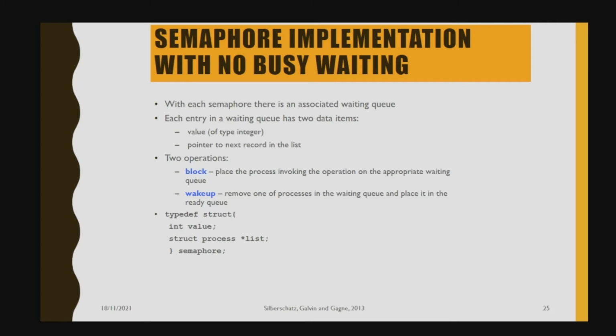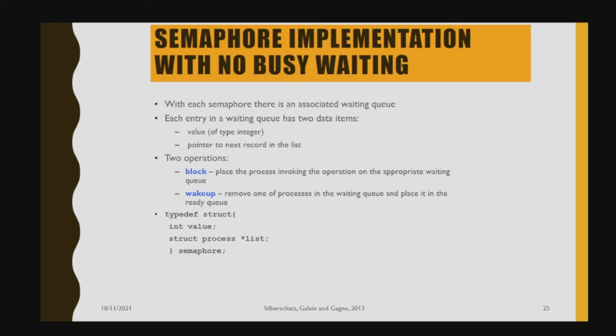Okay, this part is the semaphore implementation with no busy waiting. Each semaphore is associated with a waiting queue. Each entry in a waiting queue has two data items: a value, which is an integer variable, and a pointer to the next record in the list.